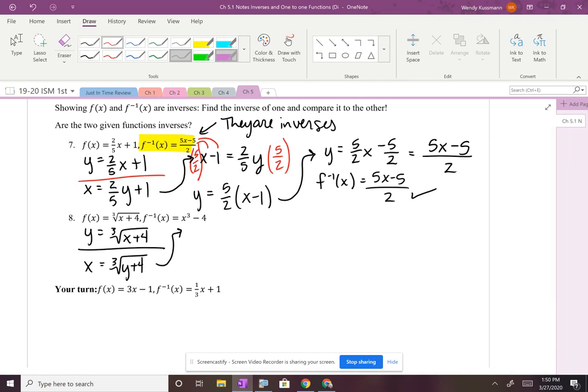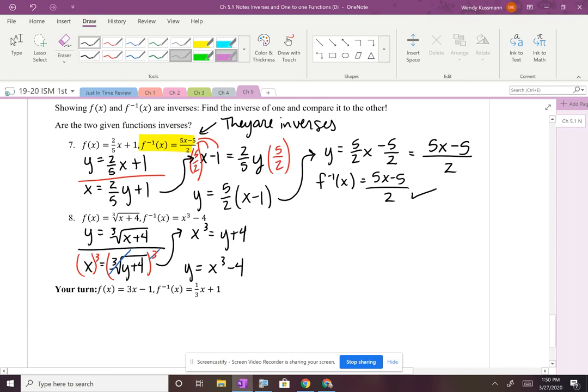I need to get rid of the cubed root if I'm going to solve for y. The opposite of cube rooting something is cubing both sides. This gives me x cubed equals your cube root, and your cube will cancel, leaving you just with y plus 4. So for y, subtract 4 from both sides. y equals x cubed minus 4.